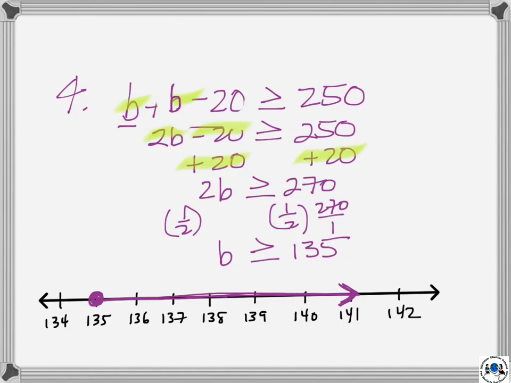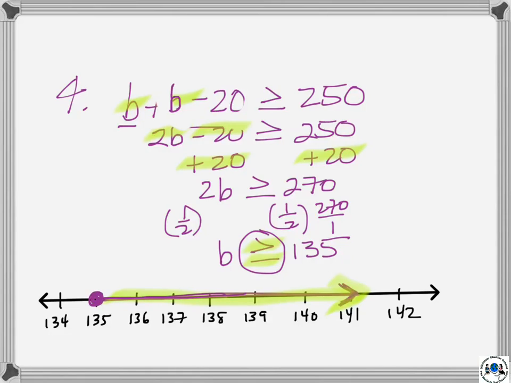Why is that point filled in? And hopefully you've come to know that it's because we are talking about greater than or equal to. Which way does our ray point? It points to the right, because we're talking about greater than, and handy dandy, our inequality symbol is pointing our way to the right as well.